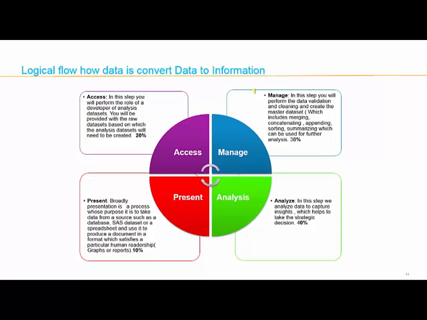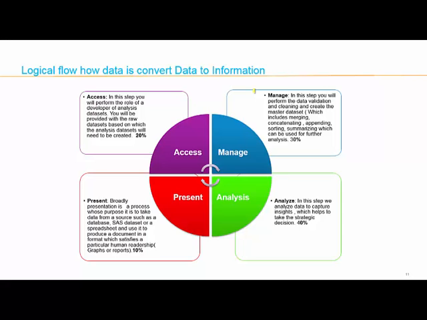As a programmer, you do some data preparation, data accessing, data validation, and data cleaning. As an analyst, you can do a lot of analytics, from basic analytics to high-end analytics. This slide is going to tell you how data is converted into information. Whenever you want to create information, you need to have access to the data.